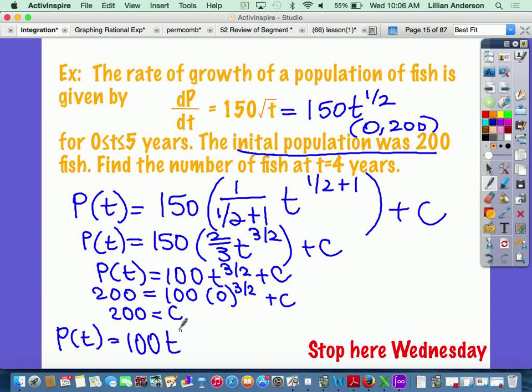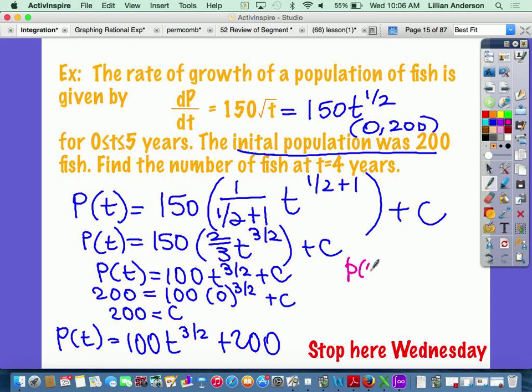So 100 t to the 3/2 plus 200 is our equation for our population, and then to figure out how many fish there are in 4 years, you do what? Plug in 4 for t.